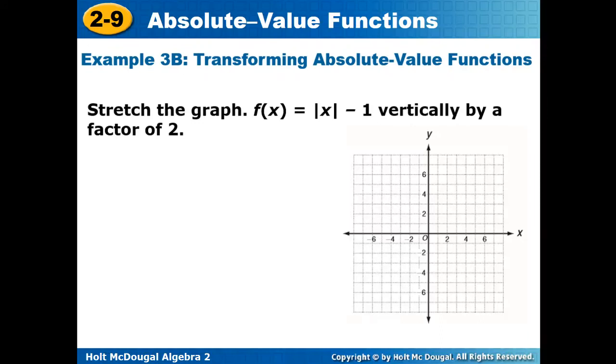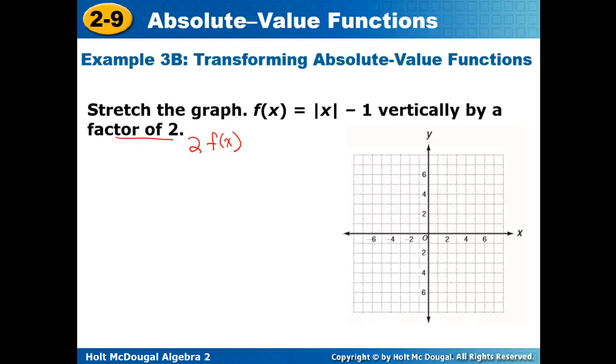So this one says to stretch the graph f of x equals absolute value of x minus 1 vertically by a factor of 2. Okay, so we're going to be going vertically. So that means we're going to be dealing with our y. And y, remember, is the same as f of x. So we're going to multiply by a factor of 2.